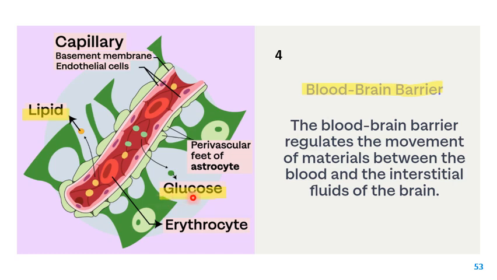One of them is glucose. So the brain has its own glucose transporters, right? So glucose will get to the brain because the brain likes to use glucose to work, right? But also lipids will get into the brain, okay? And a lot of times the brain works even better using lipids than it does using glucose, right?